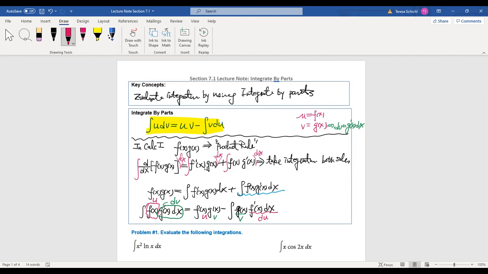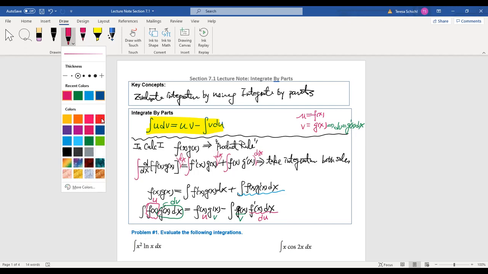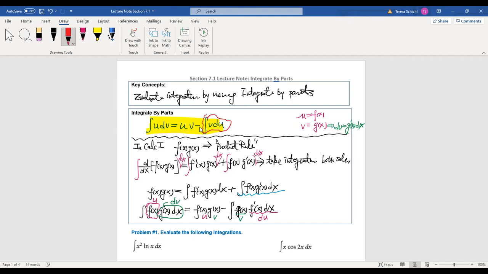And then the goal is to make this part easier to integrate. So when you try to do the problem, when you say which one I need to assign to be u and which one I need to assign to be dv, the key concept is you want to choose u to be the one that is easier to take the derivative of.